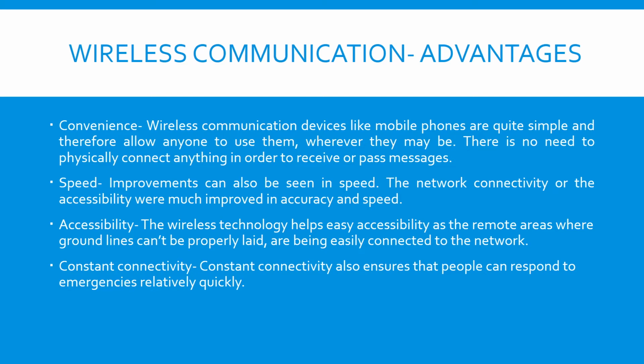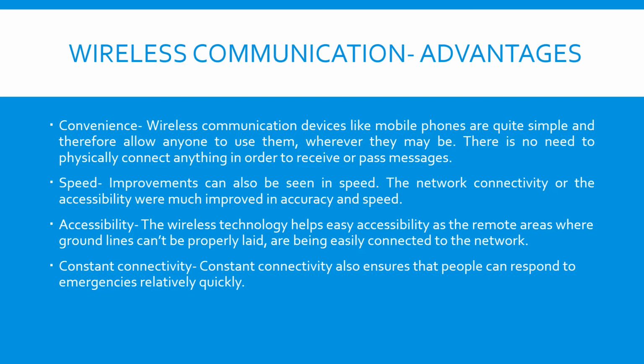Accessibility. The wireless technology helps easy accessibility, as remote areas where ground lines cannot be properly laid are being easily connected to the network. So this is the most important benefit of the wireless technology. Somewhere where it is very difficult to lay down physical wires or cables, there we can utilize the wireless technology.